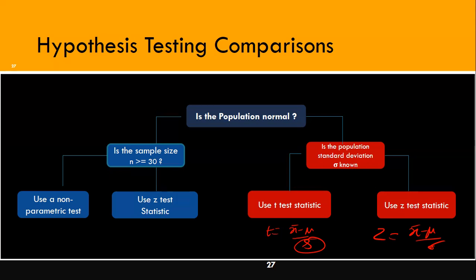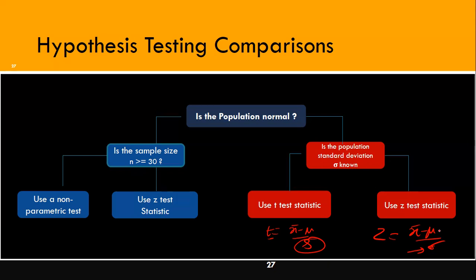When you have the sample data, obviously you can find out the sample mean and sample standard deviation. In the denominator, in the case of the t-test statistic, you need to use the sample standard deviation. If we know the population standard deviation, let's say somebody gives you the population standard deviation, in that kind of situation, you can directly plug in the value here.